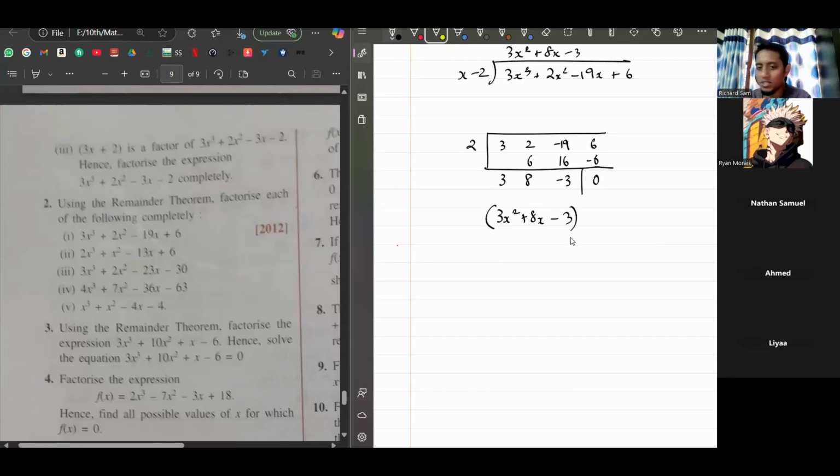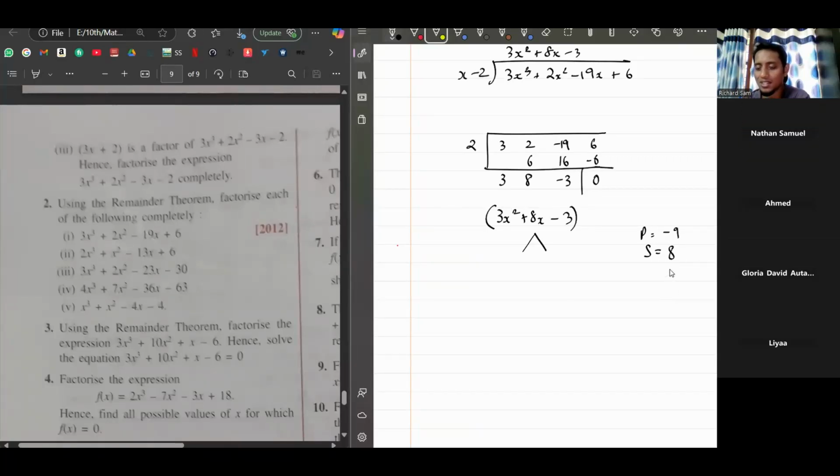Now, this factor is a trinomial. So now you have to factorize this trinomial using the sum and product. Sum is equal to the coefficient of x, that is 8. And the product is 3 into minus 3. You have to multiply the first term with the last term. That's minus 9.